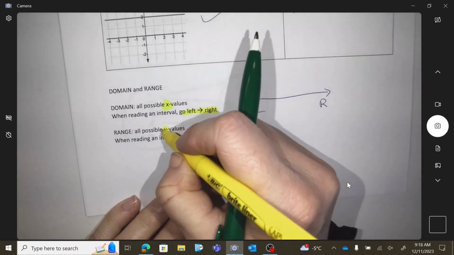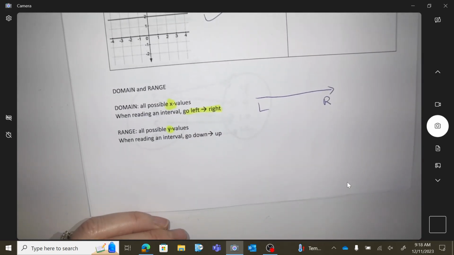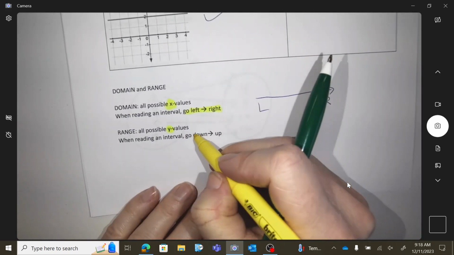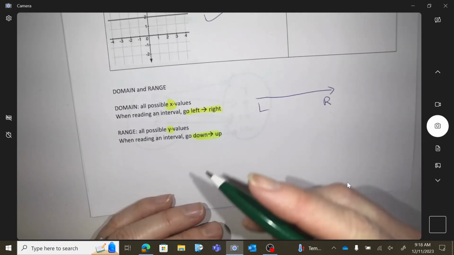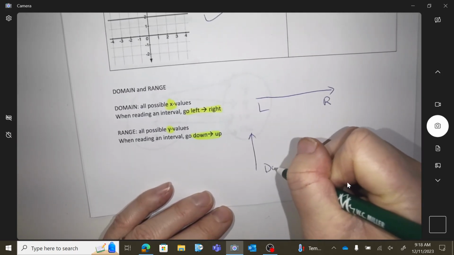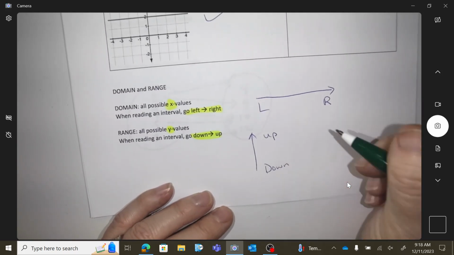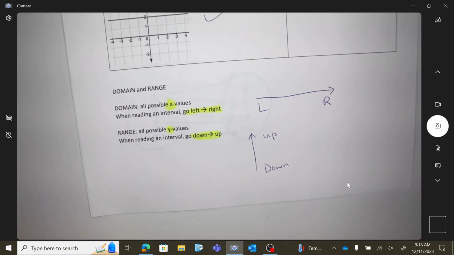And range talks about all the y values, and it moves specifically from down to up. So how low does something go to how high it goes. Has to be in that order, okay?